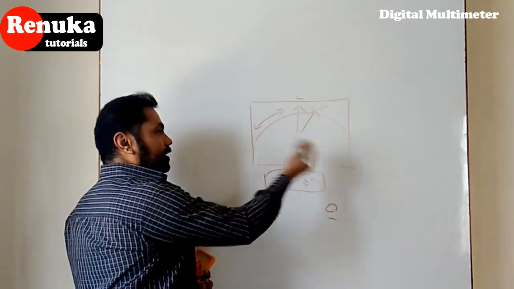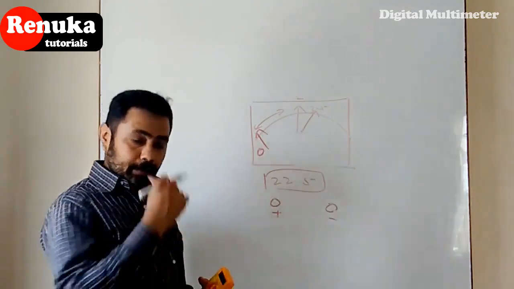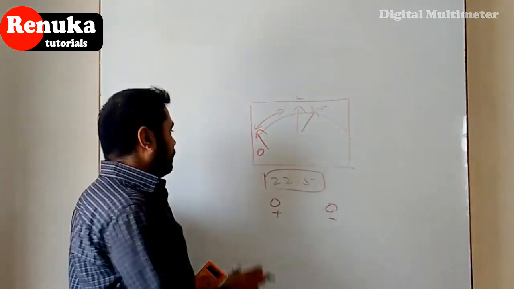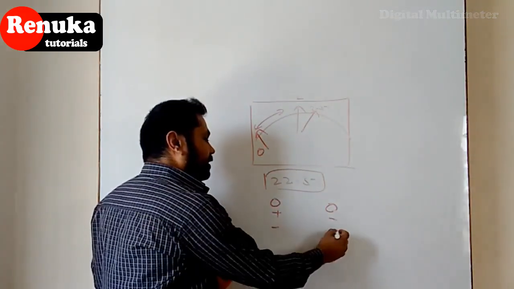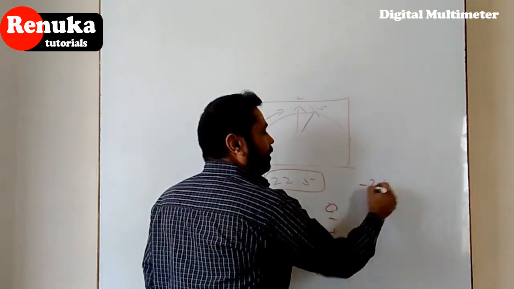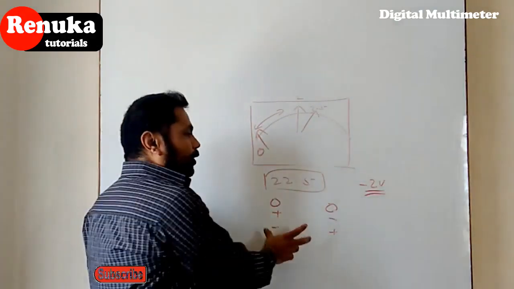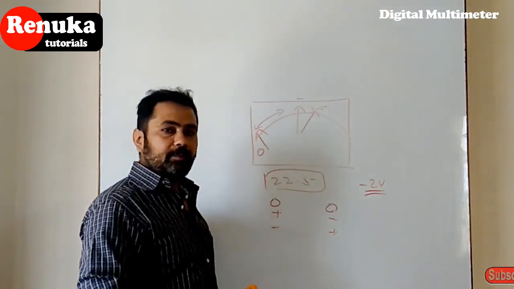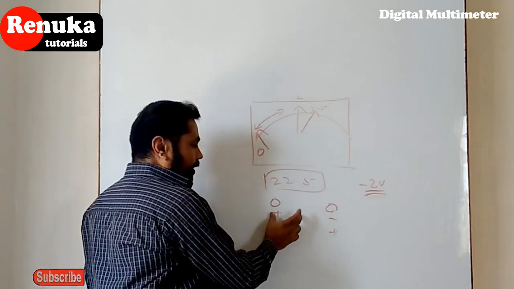If reverse voltage is connected, then it will show zero value on the reading scale. But in a digital multimeter, if this is reversed, it will show a negative value with the voltage or any quantity. So auto polarity is there in a digital multimeter, while in an analog multimeter the input quantity should be connected in the prescribed connection only.